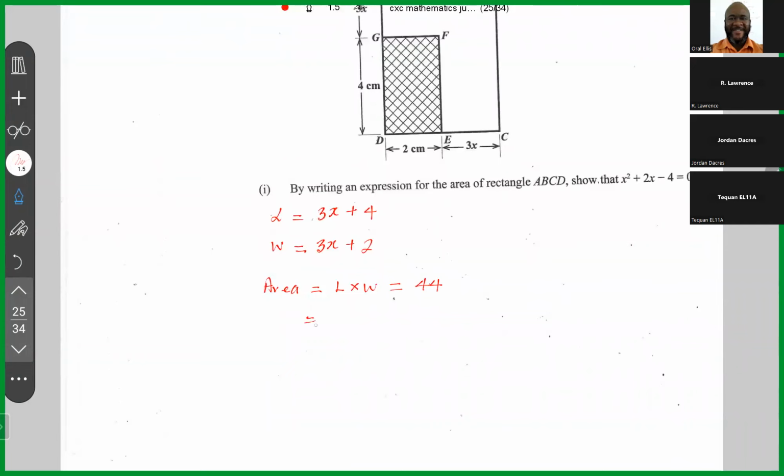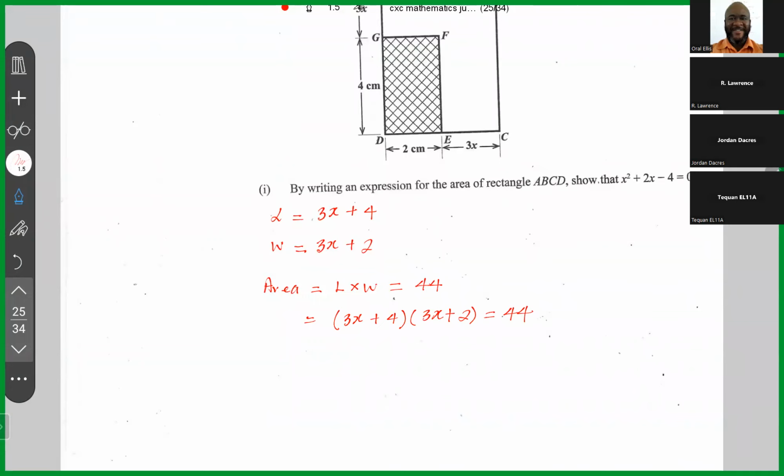So the length is 3x plus 4. The width is 3x plus 2. And the length multiplied by width gives me the area, which is 44.